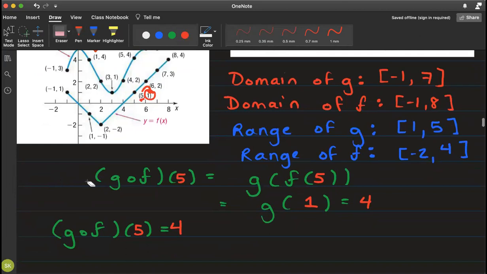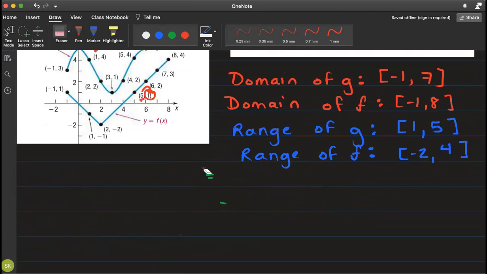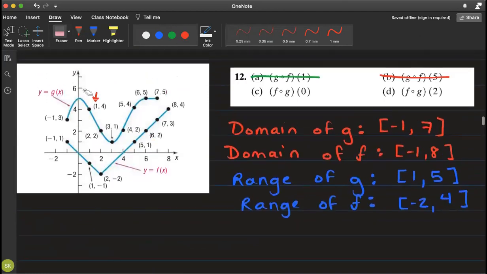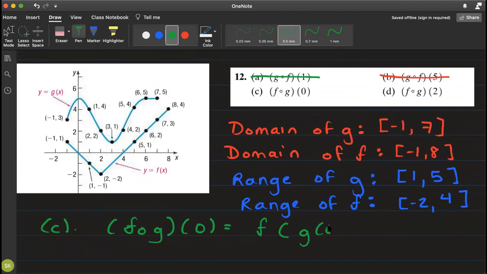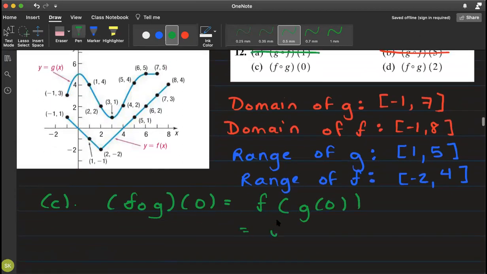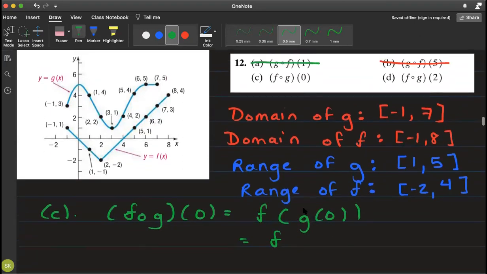Maybe you should pause the video and see if you can do part C and part D, and then check and see if you get the same thing I get. Okay, part C says f composed of g of 0. Well, that's f with g of 0 plugged in. So I need to see where 0 is being sent under g.